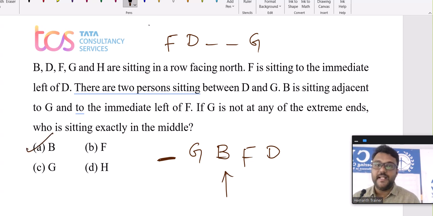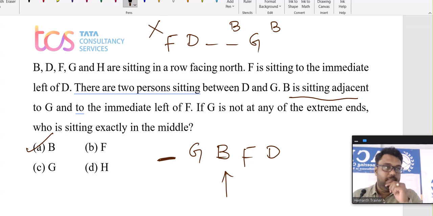And this arrangement is wrong because this condition I cannot accommodate. B is adjacent to G means B may be here or here, but immediate left of F is not possible there. So that's why only the second arrangement is okay.